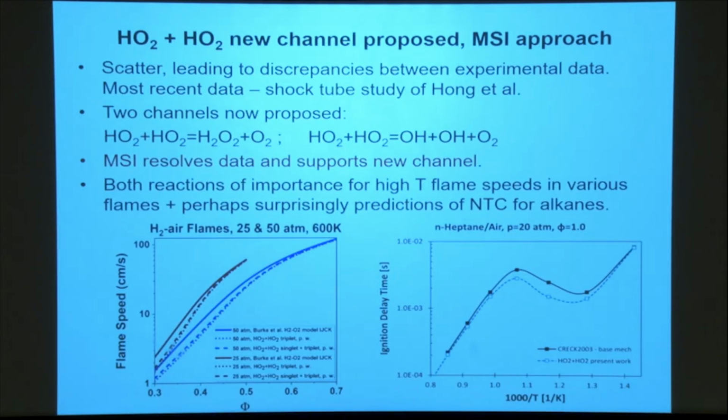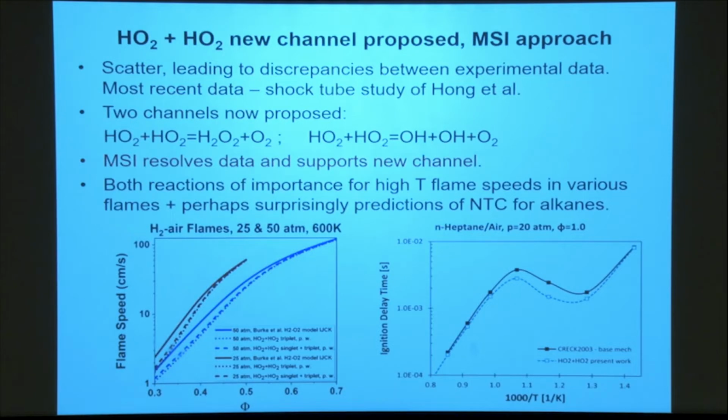But what the theory calculations suggest is that there is actually a direct route from HO2 plus HO2 to two OHs. And actually, the multiscale informatics type approach was also applied here to try and consolidate these discrepancies between experimental data. And there's also fairly recent data from the shock tube study of Hong et al. And the multiscale informatics approach resolves the theory and experimental data and supports the presence of this new channel.